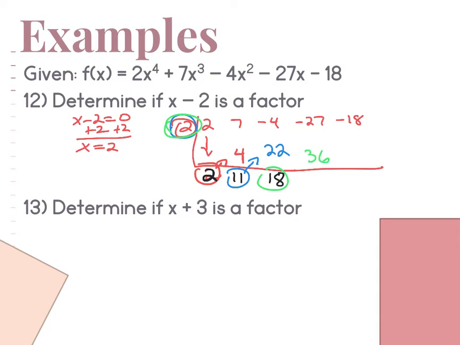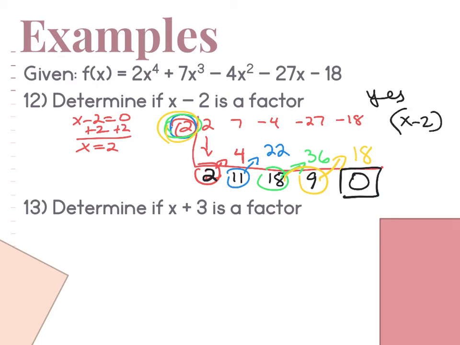I'm going to add the column. I'm going to multiply. I get 18. I add the column. I got a remainder of 0. So you would say, yes, x minus 2 is a factor of this polynomial.